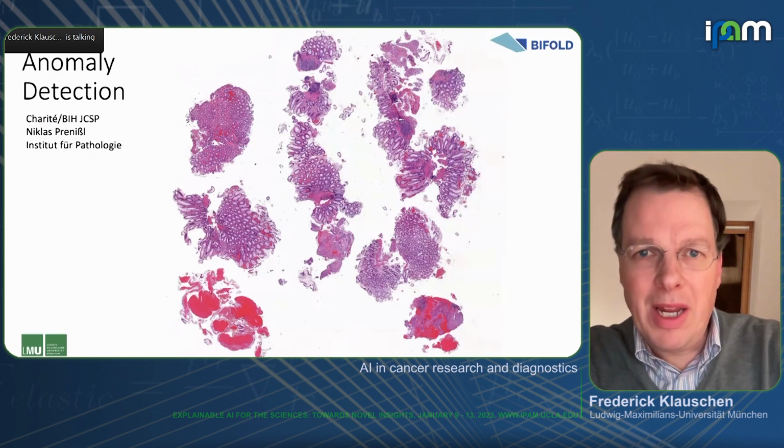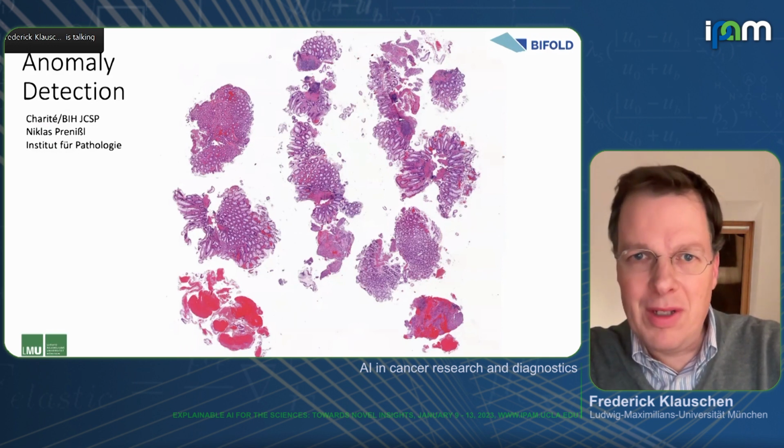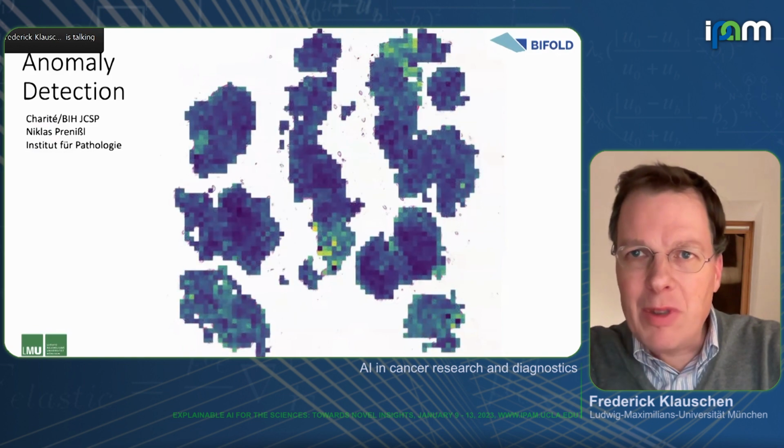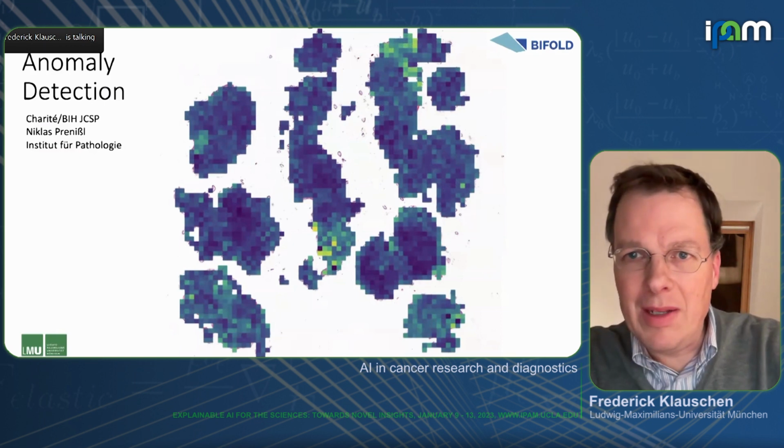And anomaly detection can help you here not to solve the case, but to point the pathologist to the area of interest. And so you get these heat maps, and here in the green and yellow colors, you can see that some regions are highlighted while the majority of the image is considered as normal, which you see here indicated by the blue shades.